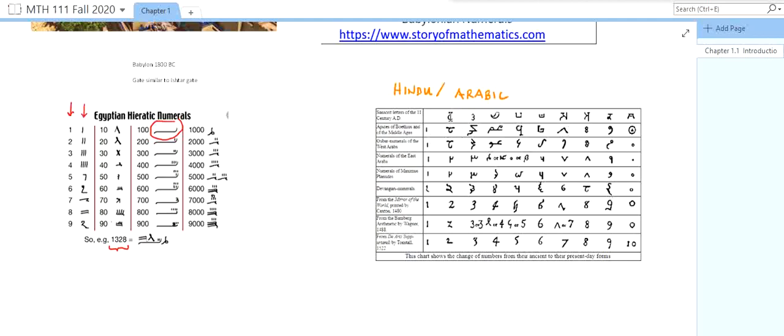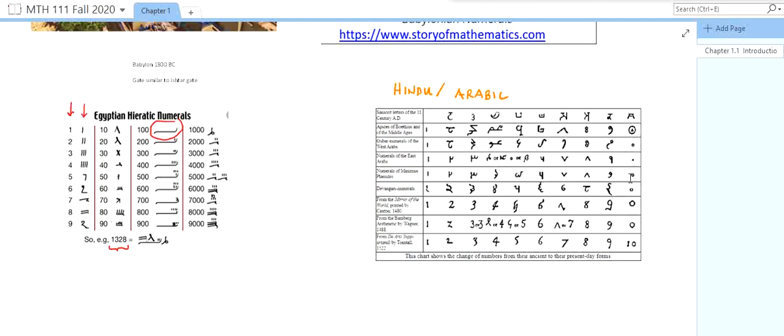Well, over time, these symbols changed, and actually, this first symbol set started at 1, but 0 initially was only a placeholder.